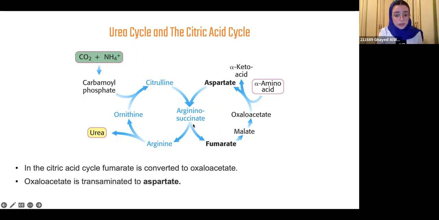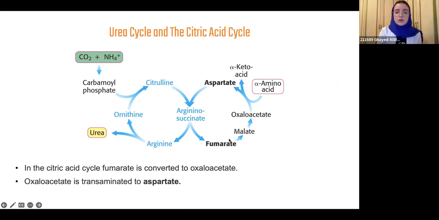So we said when we break down arginosuccinate, we get arginine and we get fumarate. And so fumarate enters the citric acid cycle, where it's converted into malate and then into oxaloacetate and then back into aspartate. And then aspartate can enter again into the urea cycle, where it combines with citrulline to make arginosuccinate. So this is just a way of showing you guys that these two cycles are connected and related in some way.